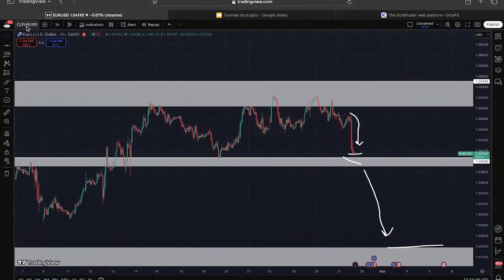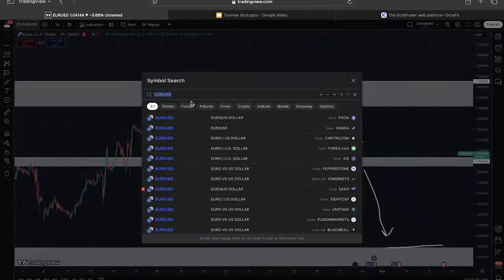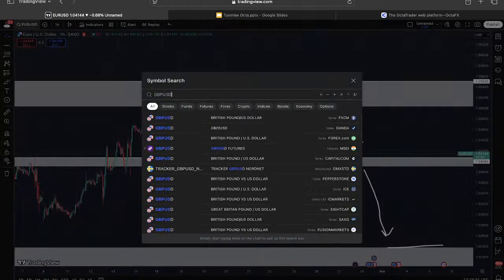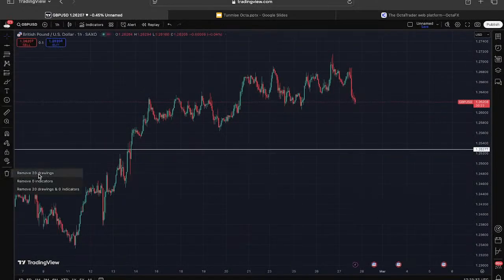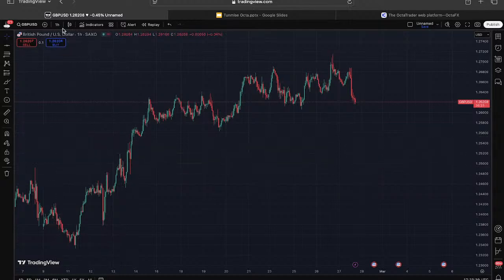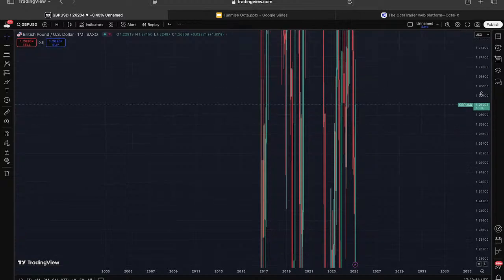Okay, let's go with GBPUSD. So for GBPUSD, let's go to the higher time frame.